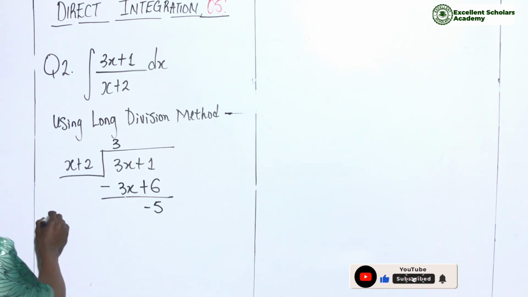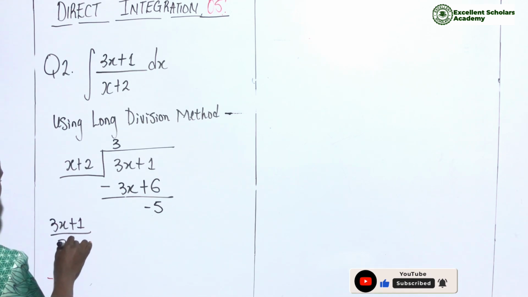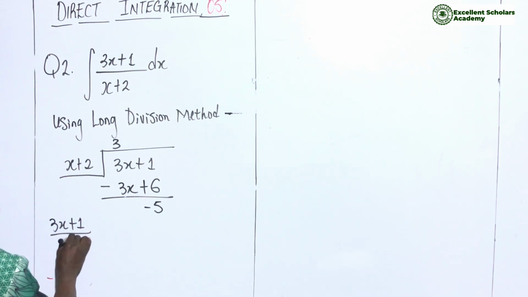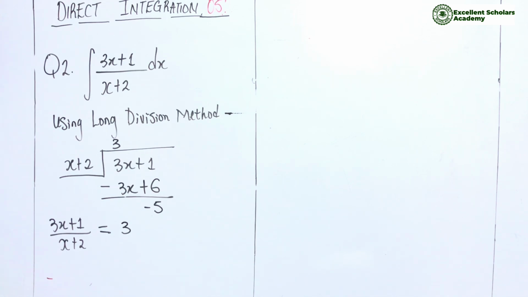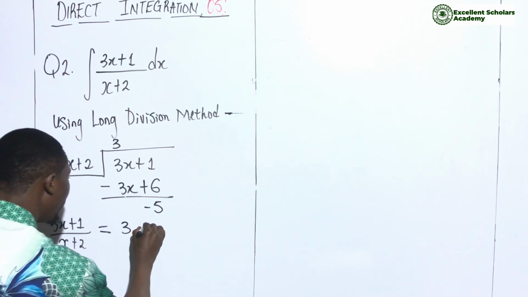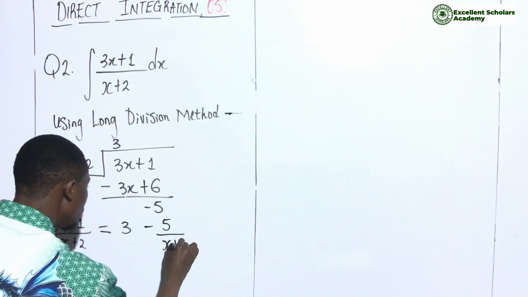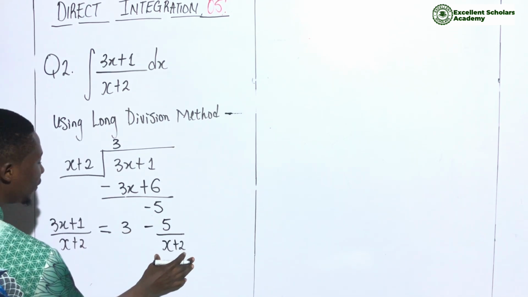So it implies that 3x plus 1 over x plus 2 can now be written as 3, because this came out well, minus 5 over x plus 2, because this will still be dividing this, but it's not possible, so we leave it like this.